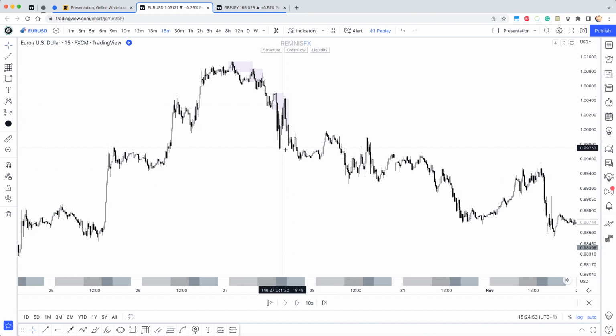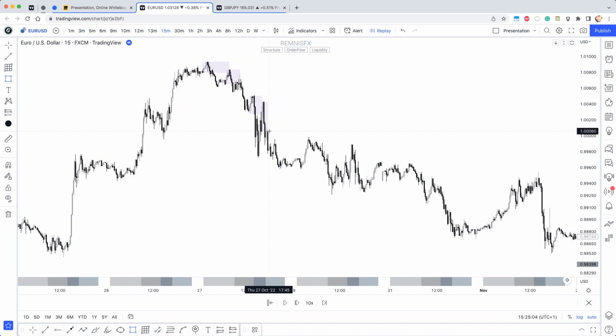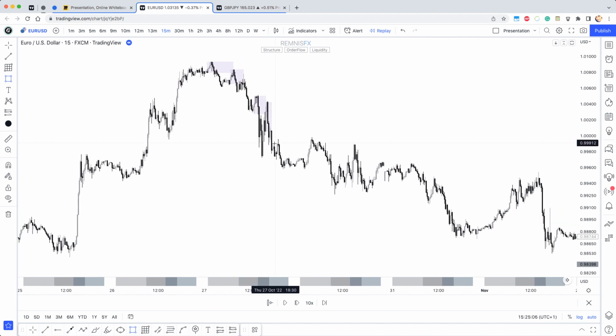So, back to the lesson. After this, where would we identify our next order flow, you think? Because look, this one is already mitigated, right? So what you can do is perhaps look for this minor bullish candle.